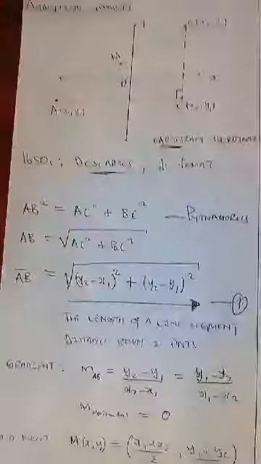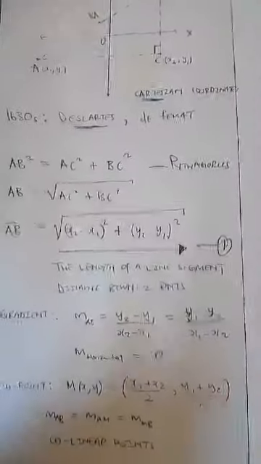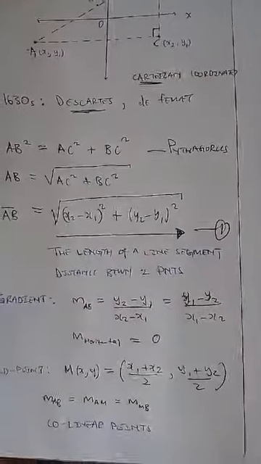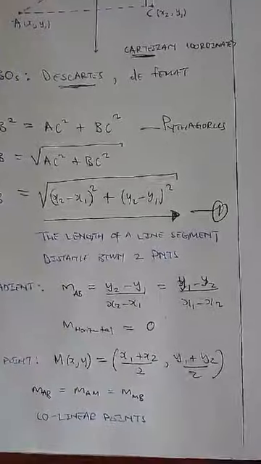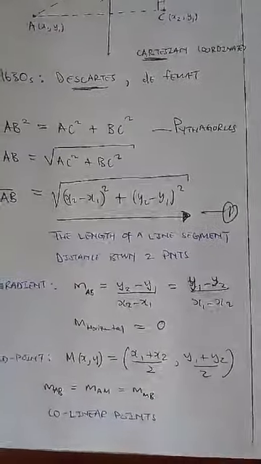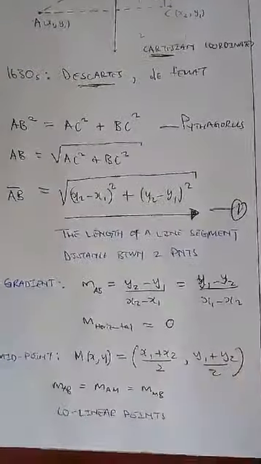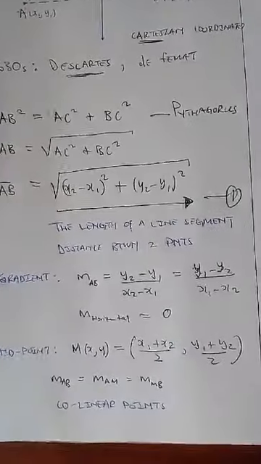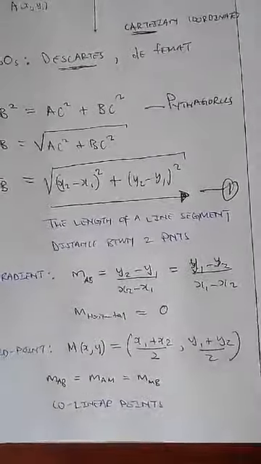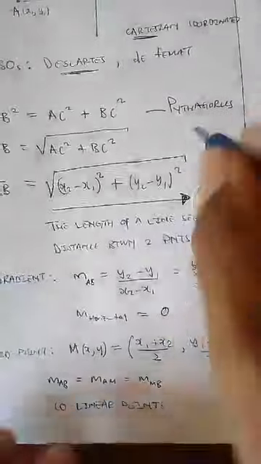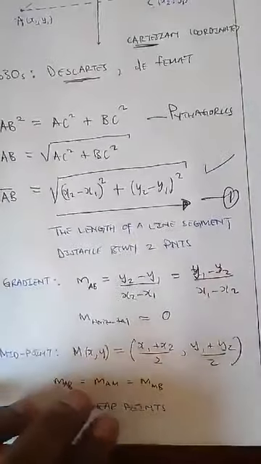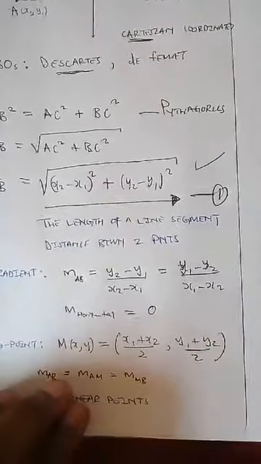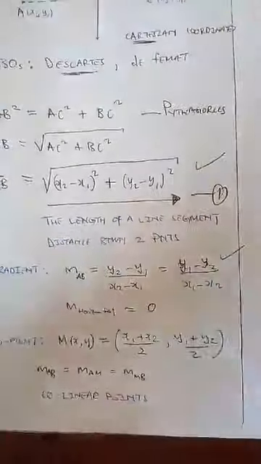So, okay, what have we done? We have defined and derived an expression for the length of a line, which is also the distance between 2 points. And we have defined gradient. So this should be 2.